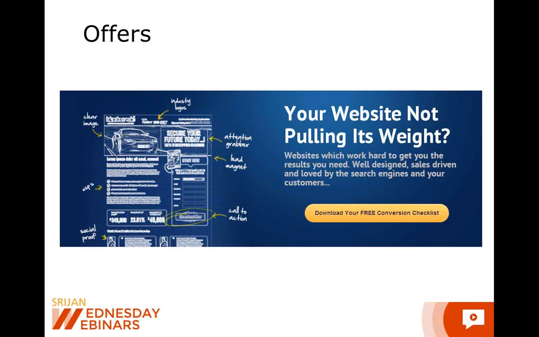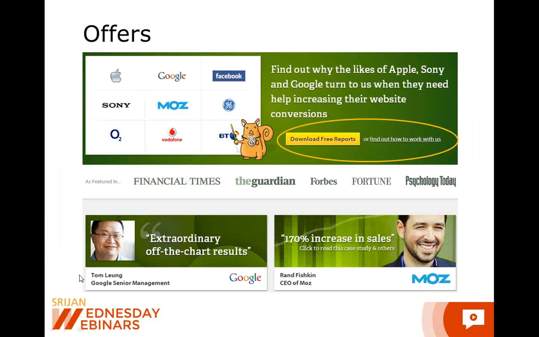So if you cannot build an offer because of lack of bandwidth or whatever, you can buy those offers, or you can collate offers from available resources on the internet, as long as you can do it legally, I would say, and put that offer on the website or in various sections of the website, so that you get the opportunity to convert them into a lead. Right? This is another example of an offer here.